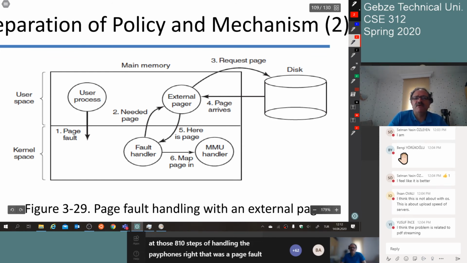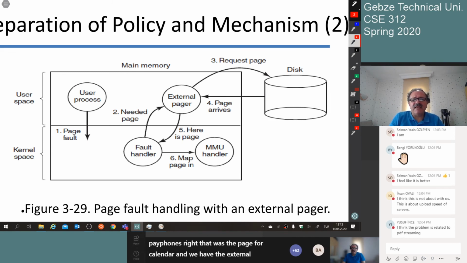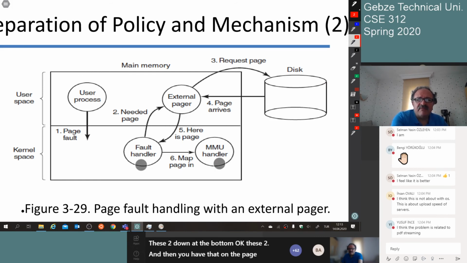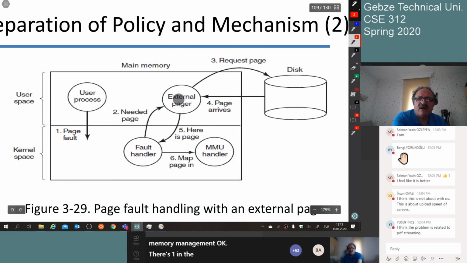And we have the external pager. These two at the bottom, the MMU handler and the page fault handler, are the mechanisms of handling memory management. The one in the user space, the external pager, is for the policy. The MMU handler is machine dependent. It has to know the details of the CPU and the memory management unit.